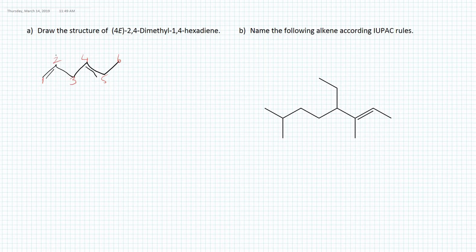So let's place one up arbitrarily, and the one at the 4th also up, but we don't know whether it is actually up or down. We are just starting with an initial guess, and the structure has to be 4E. 4E means this double bond between 4 and 5 should have the E structure or E isomer.